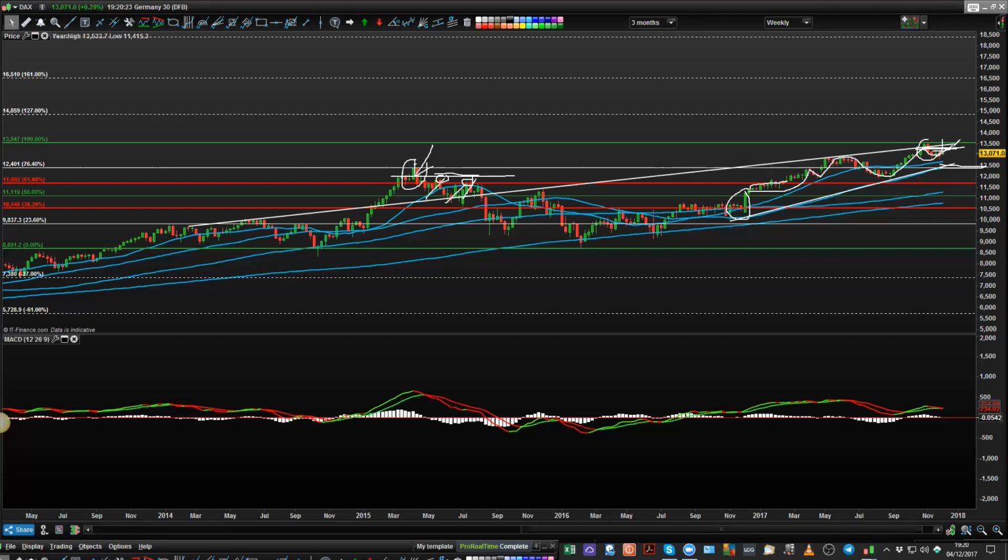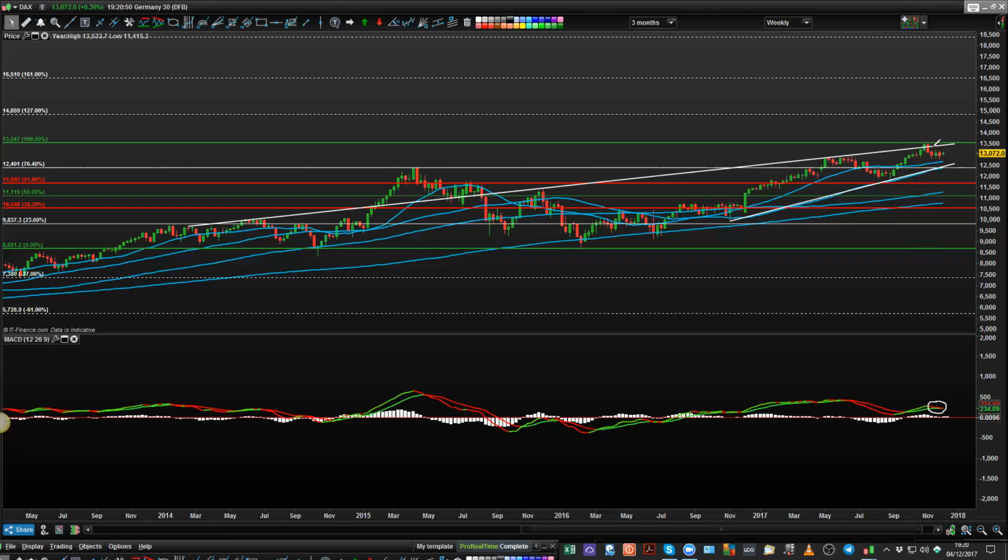Into January, February, if this line doesn't hold, then I think we'll see some pullbacks right into this area here. And the MACD is telling us that. The MACD is coming off, is crossing. You can see it's red. We're nearly coming under the midline, so we can see the momentum is really, really struggling.